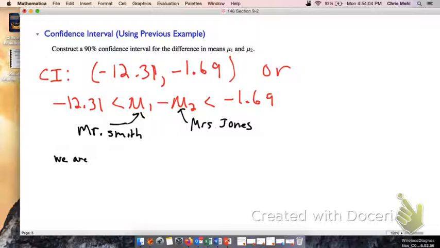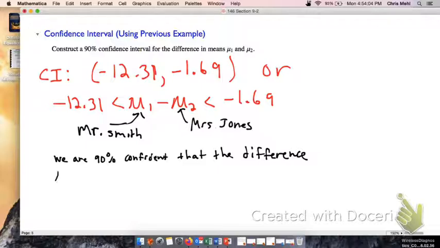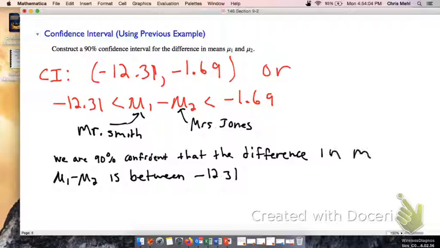We are 90% confident that the difference mu1 minus mu2, the difference in means, is between negative 12.31 and negative 1.69.